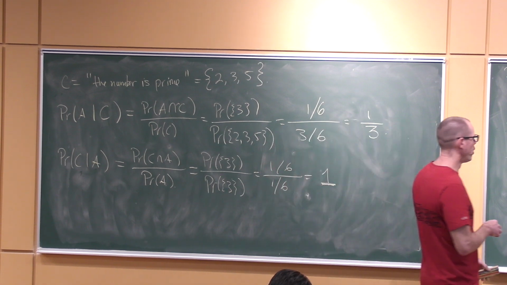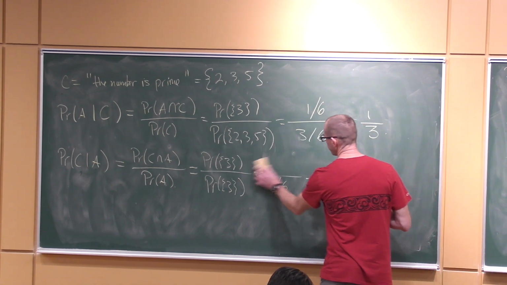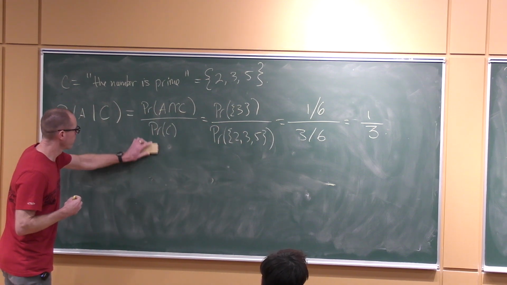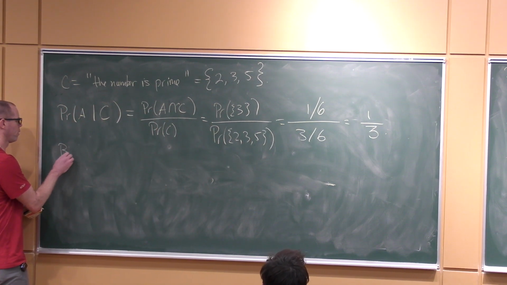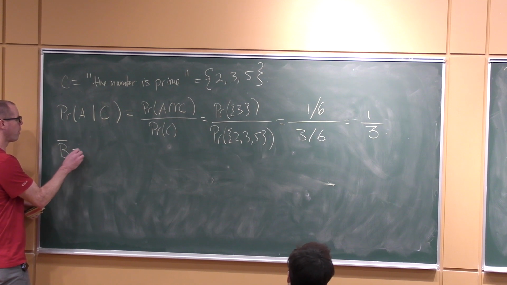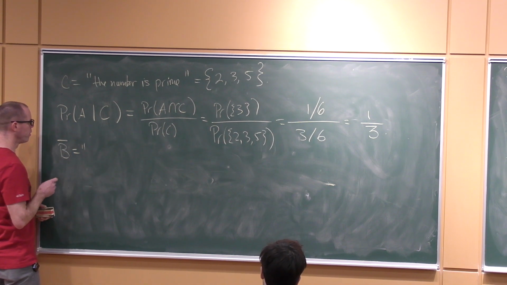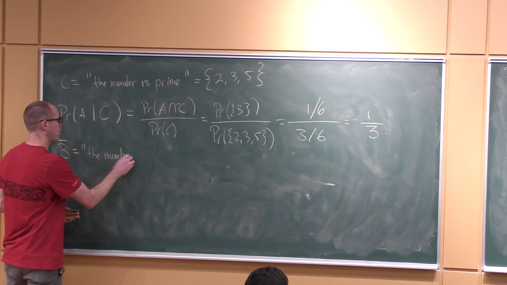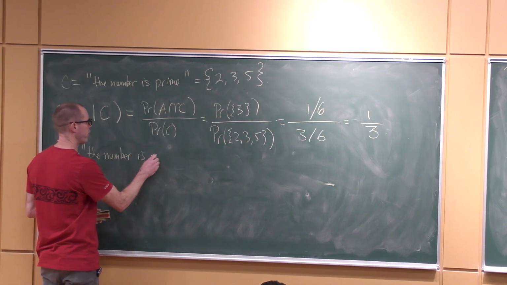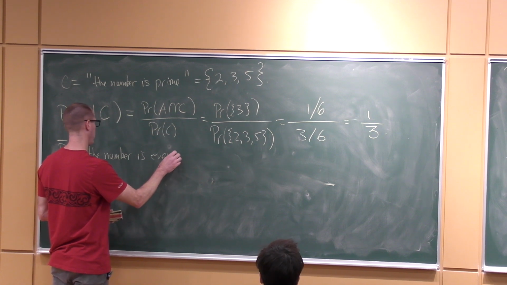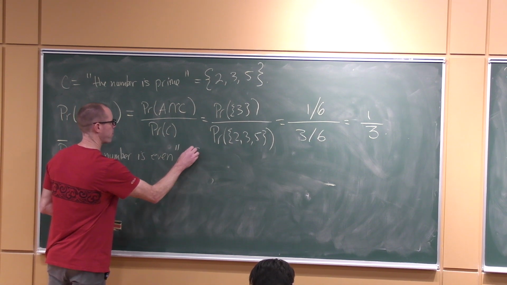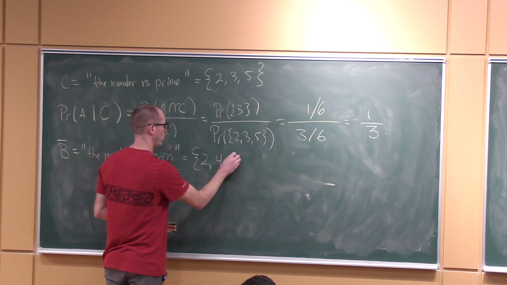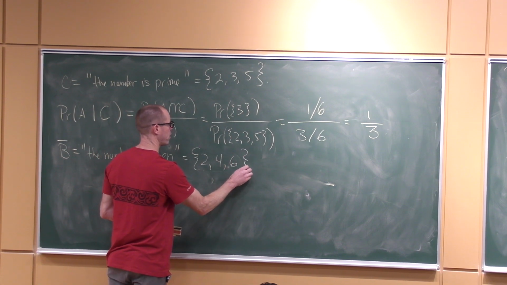And one last test. Let's say B bar is the complement of B, which is that the number is even. The even numbers there are 2, 4, and 6.